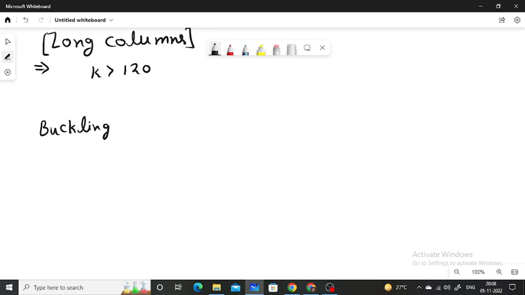Also known as crippling loads. Buckling or crippling loads.